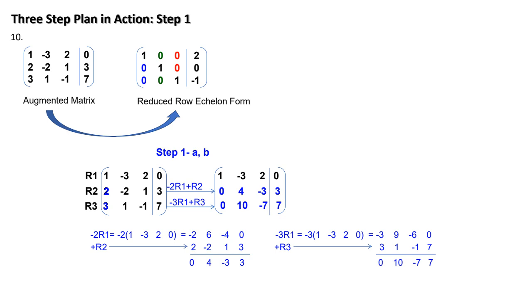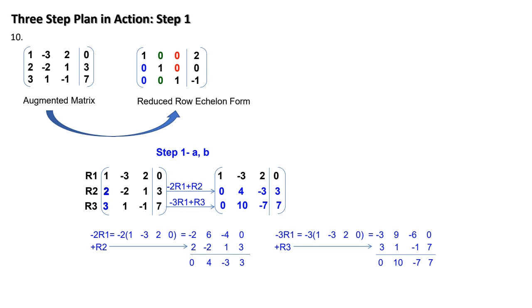So that's not a problem, and hopefully you see it's the same concept. I'm going to multiply row 1 by negative 2 to get a negative 2 here, so when I add it to row 2, it eliminates that 2. And I'm going to multiply row 1 by negative 3, so when I add it to row 3, it gets eliminated. And he did a little scratch work here.